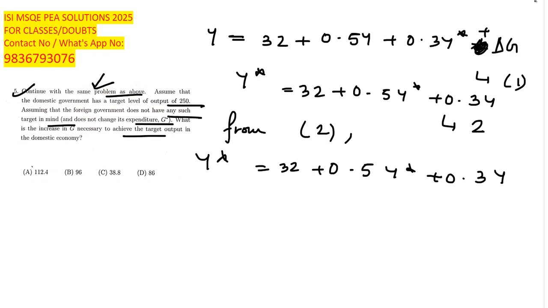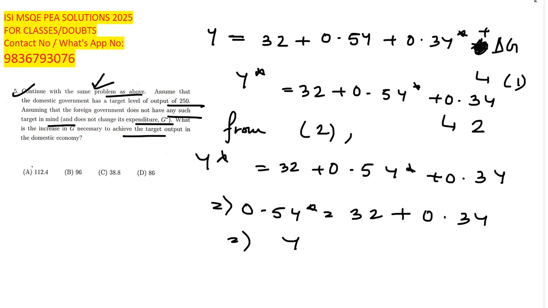So 0.5y star equals 32 plus 0.3y, or we can say y star will be 64 plus 0.6y. This will be equation 3.